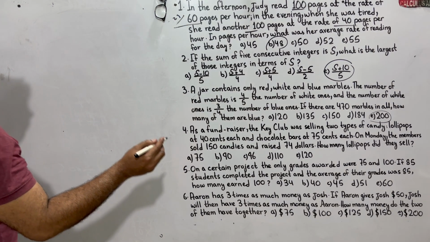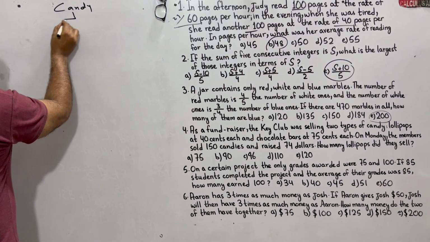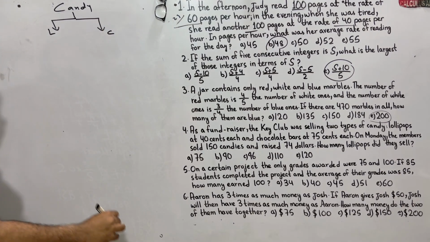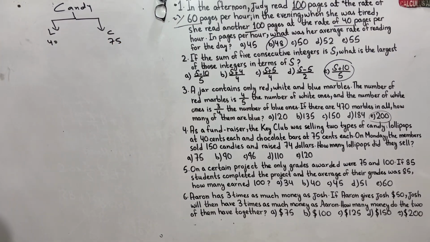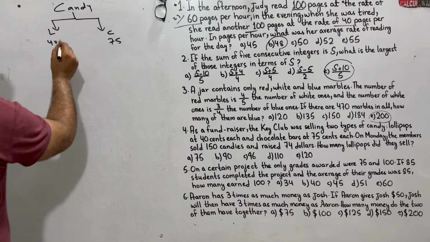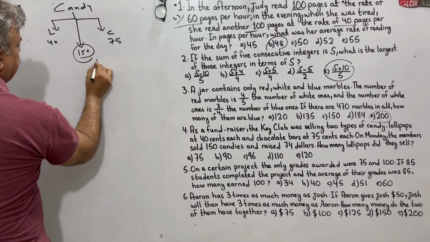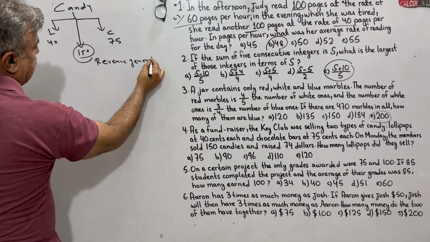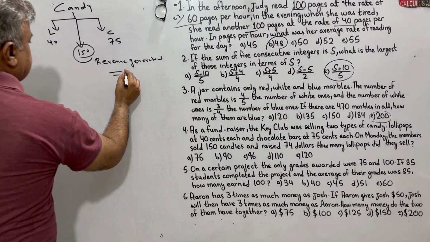Two types of candies are there. Let me write L for lollipop and C for chocolate bar. Lollipop is 40 cents and chocolate bar is 75 cents. Total number of candies is 150, and the revenue generated on a specific day, Monday, is $74.